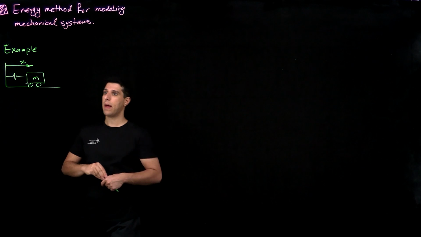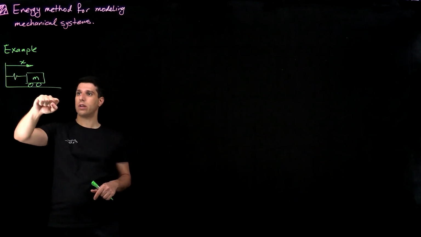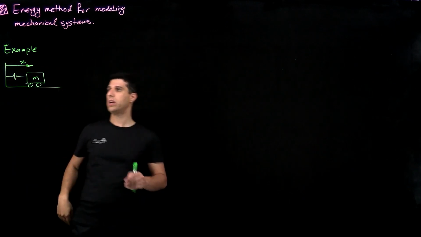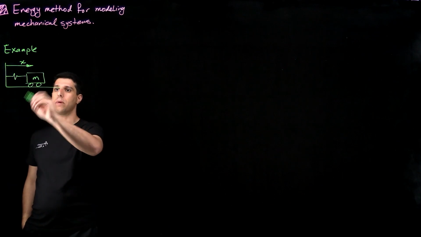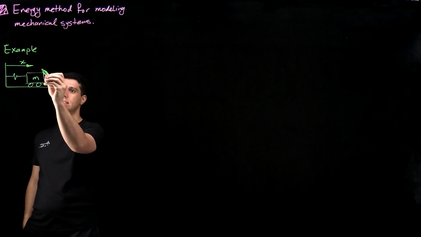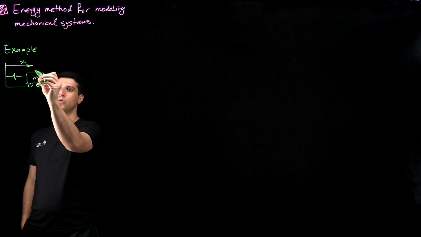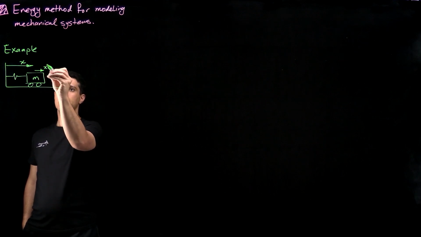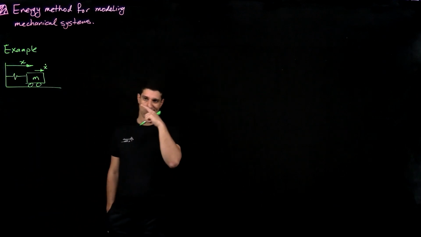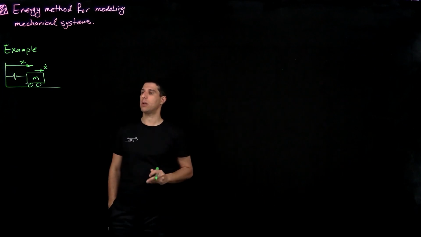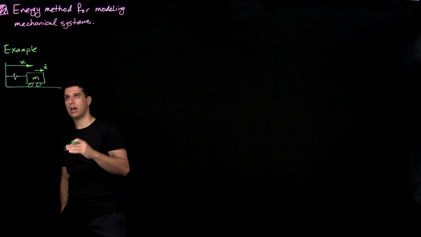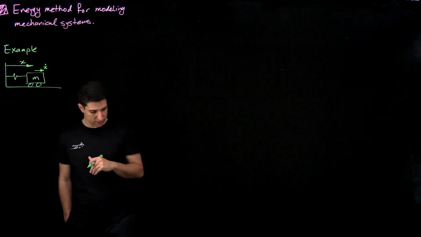At some arbitrary time, my mass is at some distance x and it is moving with some velocity x dot. Assume both are in the positive direction so we don't mess up the signs.